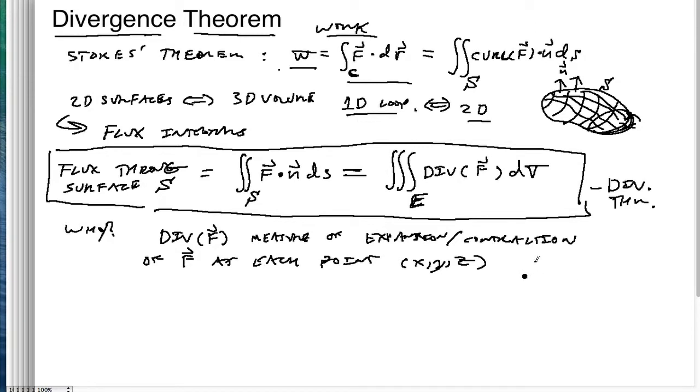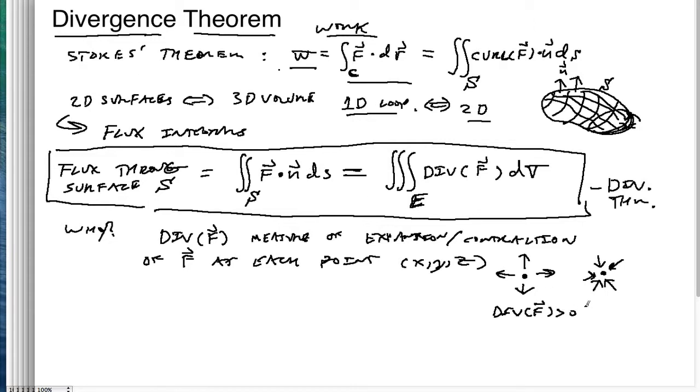We have some point x in three-dimensional space, and if at every point we have a net expansion of our vector field, this means that the divergence of F is greater than 0. And if we had something like this, sorry, no, I'm making a mistake here. This would mean that there's an oh no, I'm right.